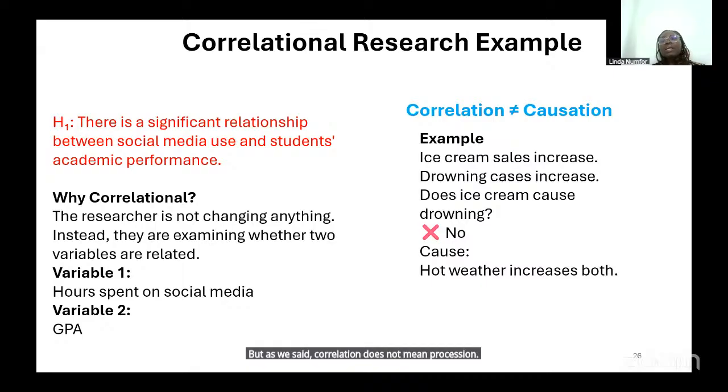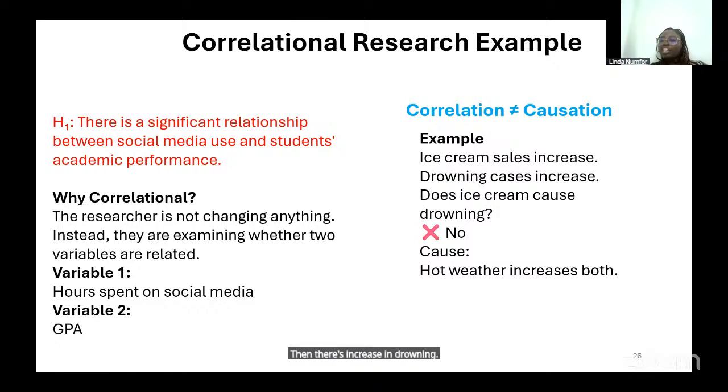Another example is ice cream sales increased, drowning cases increased. Now the question is, does ice cream cause drowning? The answer is no. It doesn't mean that if there's an increase in sales of ice cream, then there's an increase in drowning.